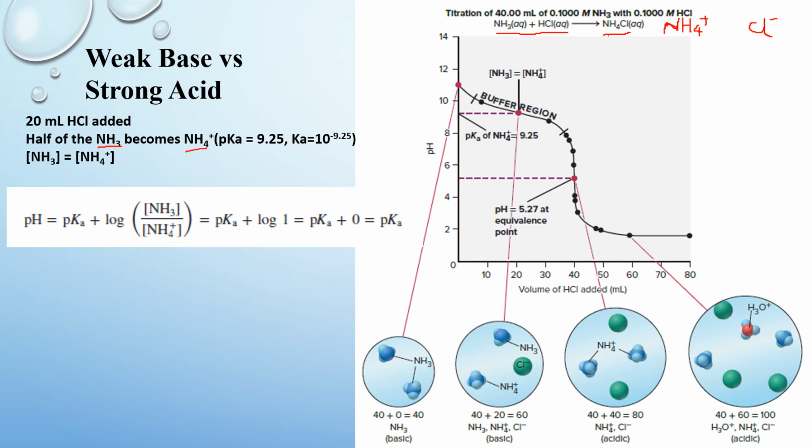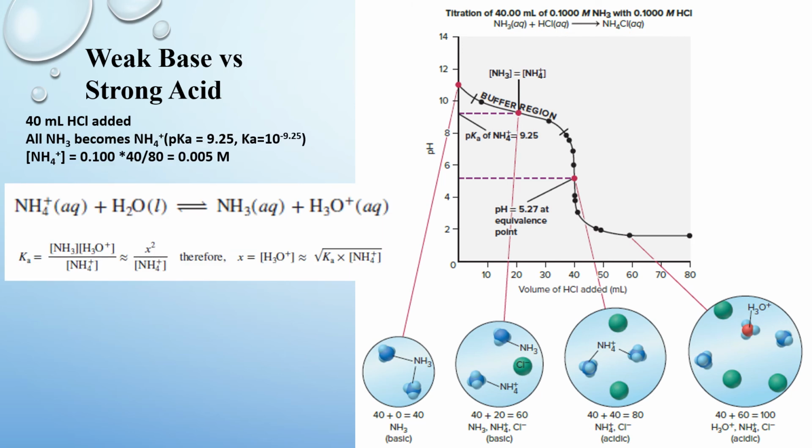So log 1 is equal to 0, the pH is equal to pKa, and the pKa is 9.25. So when 20 milliliters of the hydrochloric acid is added, the pH is 9.25. It's the same approach as we saw in the previous example.